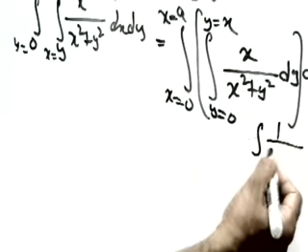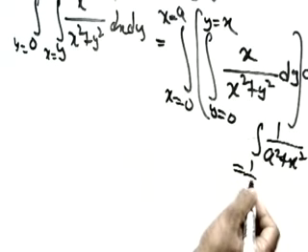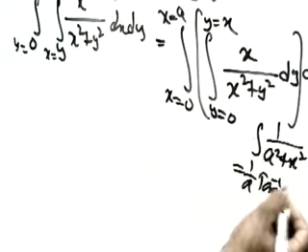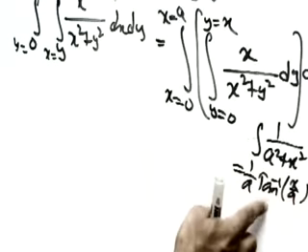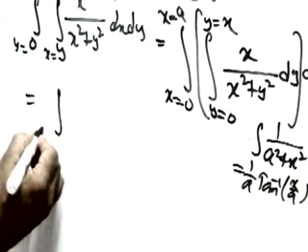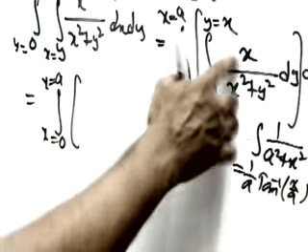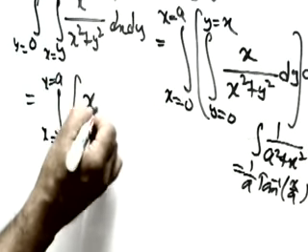So y is variable, so we have to use this formula: integration of 1 by a square plus x square, its formula is 1 by a tan inverse x by a. So let me use this formula. You see here, the outer integral you write as it is, x equals 0 to x equals a. Now let me integrate this.